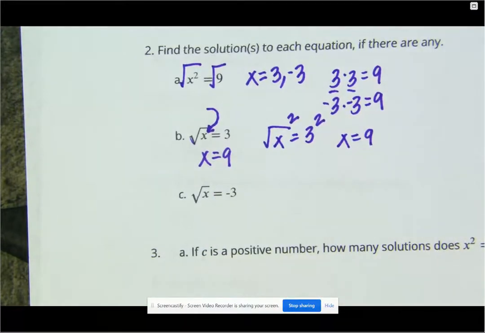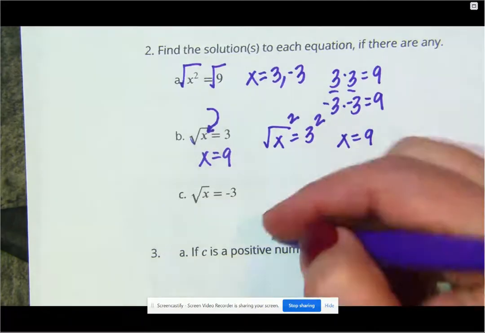All right, and then letter C, what number can I take the square root of that I get a negative? There's no number that you can put in there that will give you a negative 3, because the definition of square root is that it's a number times itself.